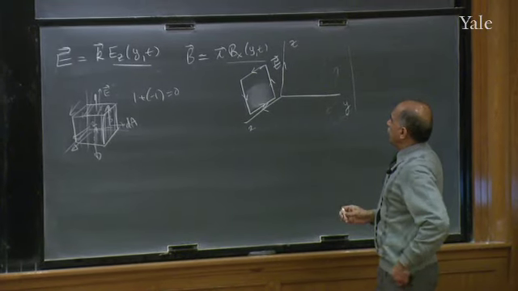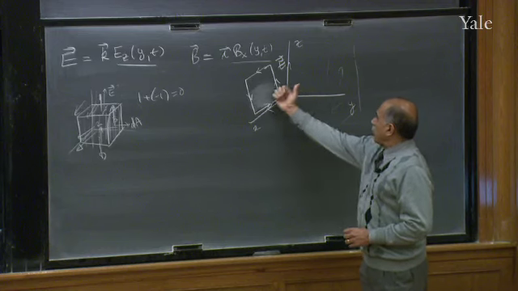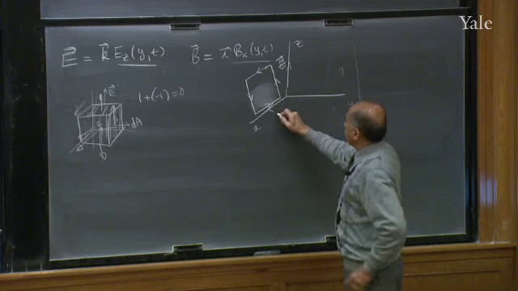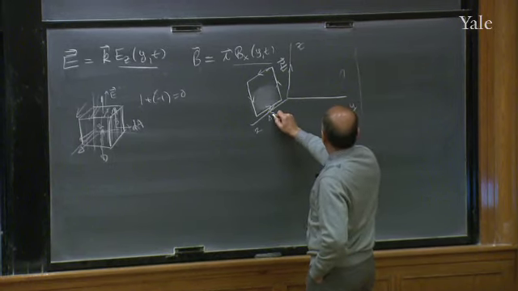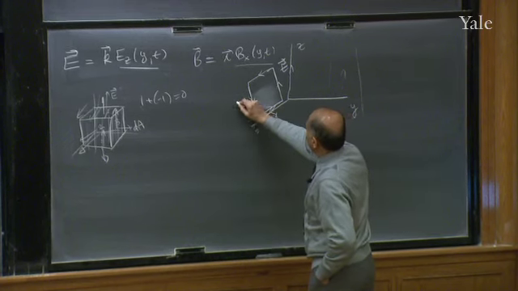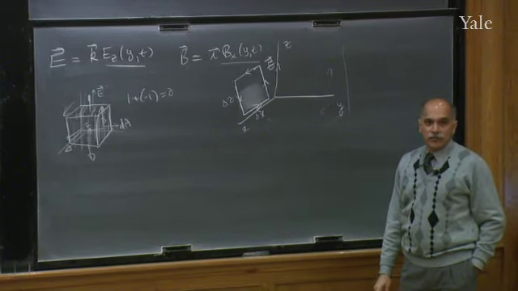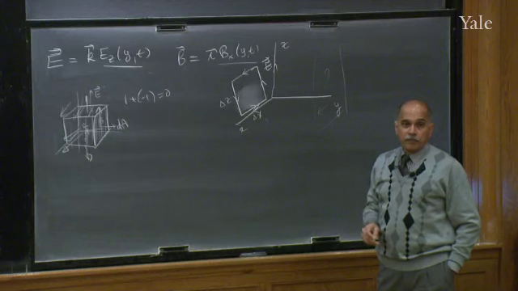And I choose the orientation of this so that if I do the right-hand rule, the area vector is pointing in the positive y direction. In other words, this is a tiny loop of size delta y, delta x this way and delta z that way, and the area vector is coming out like that.